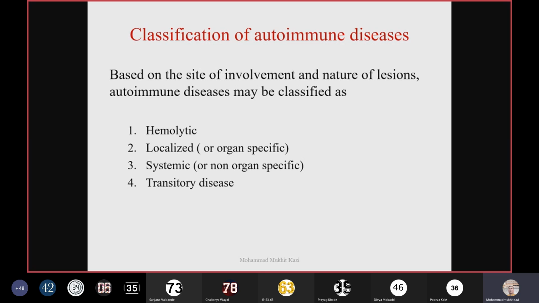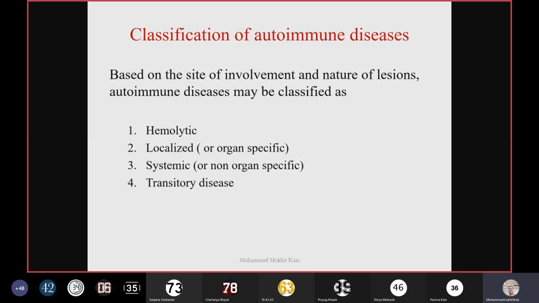And there are closed system antigens such as lens antigen or sperm antigens, which are also responsible for autoimmunity. The next one is genetic factors. This we cannot help, but just because we have this defect, we are prone to autoimmune diseases.